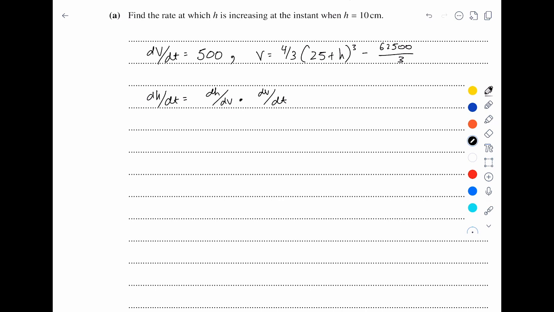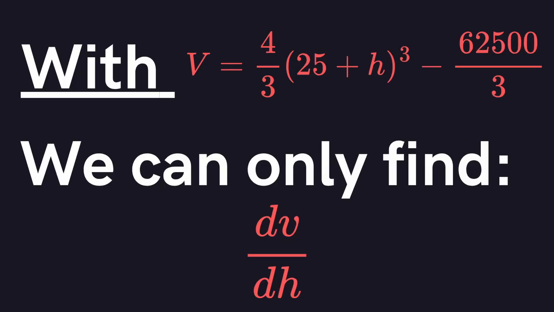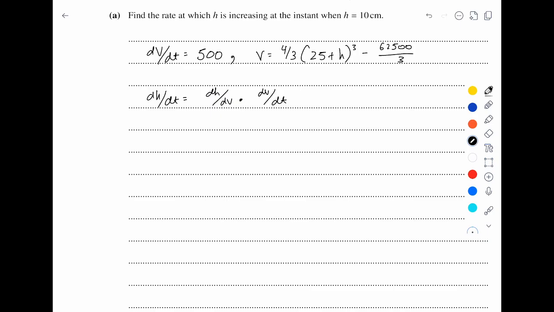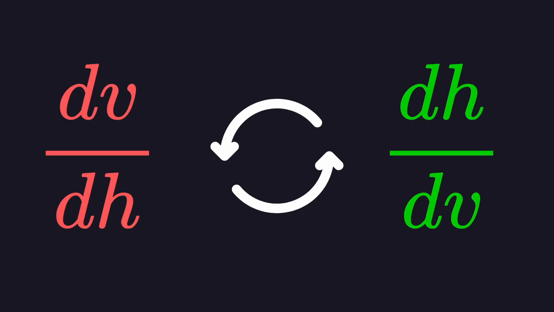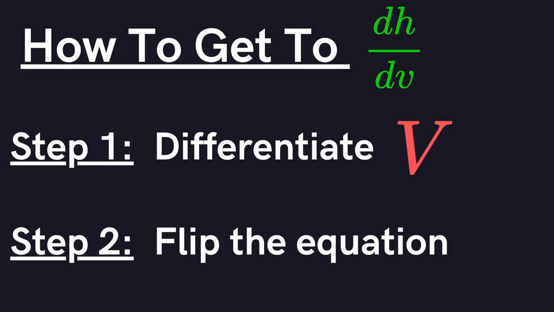We only have an equation where V is the subject, which means we can only find dV by dH. Hang on though. This actually isn't a problem. Because if we flip dV by dH, we get dH by dV, which tells us that to get dH by dV, we differentiate our equation for V and then flip it.